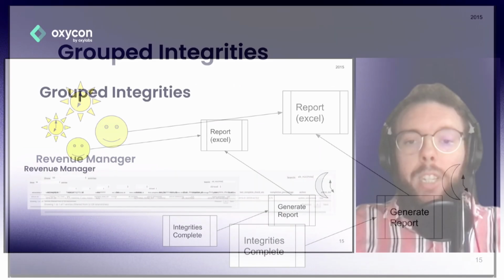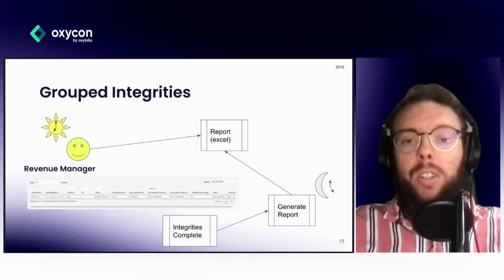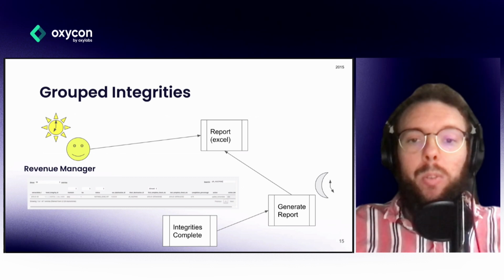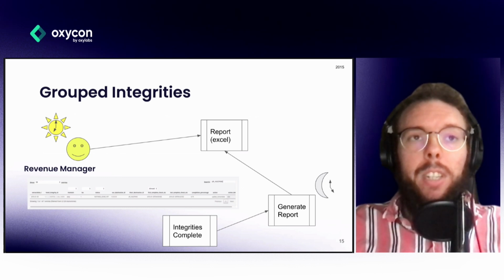We could say that as soon as at least 70% is complete, to allow some kind of error margin, the report can be generated. And it will then be generated automatically by triggering the action based on this threshold. And this way, the revenue manager can check his data right on time.